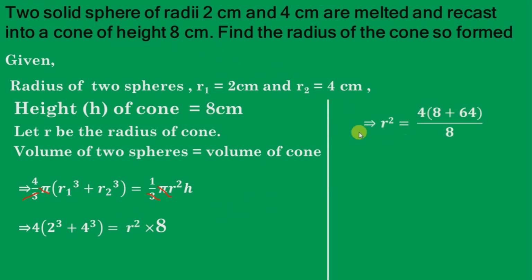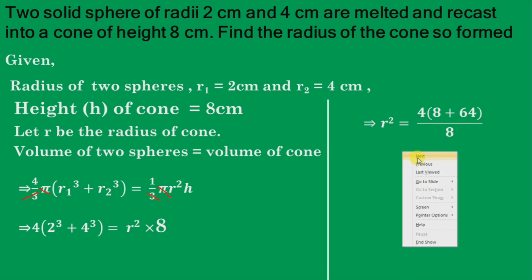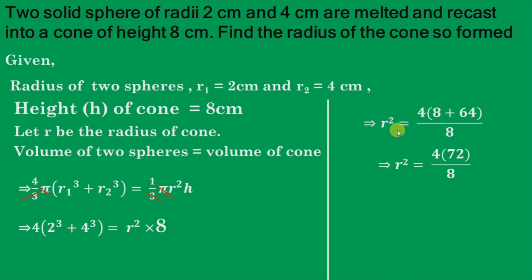So r square is equal to 4 into (2 cube is 8 plus 4 cube is 64). When 8 comes to this side, it becomes a division. So r square is equal to 4 into (64 plus 8 is 72) divided by 8.